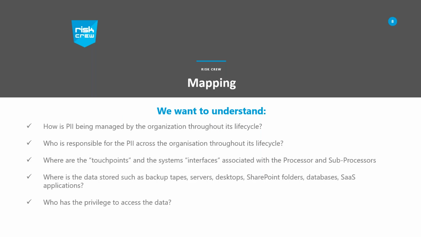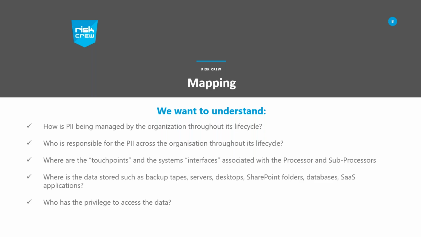What we need to understand, and this is where data mapping can help, is how personally identifiable information is being managed by the organisation throughout its entire life cycle. Who is responsible for that data across the organisation and through its life cycle?